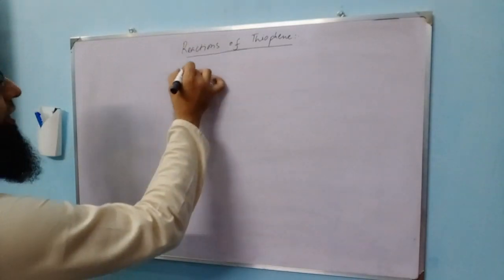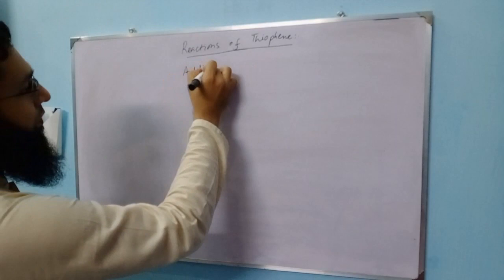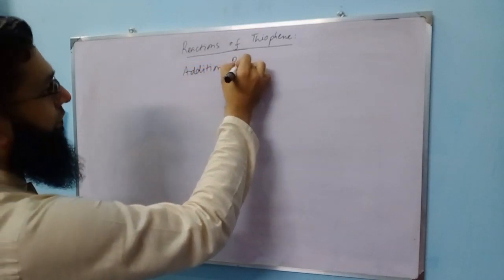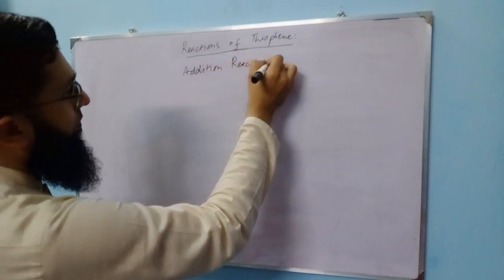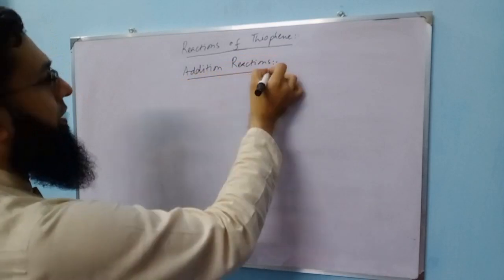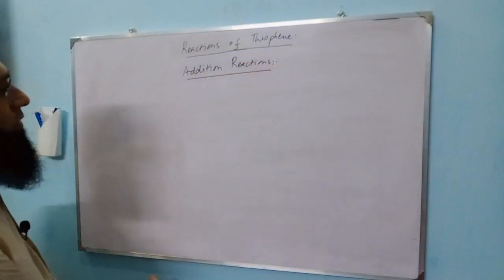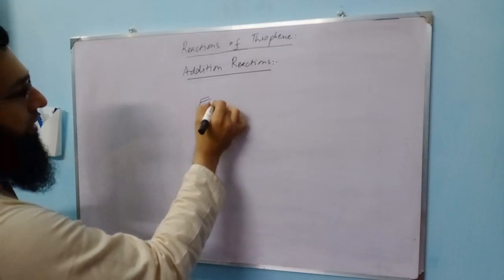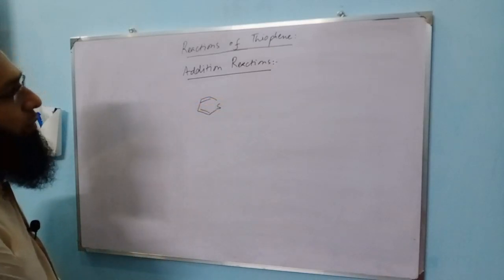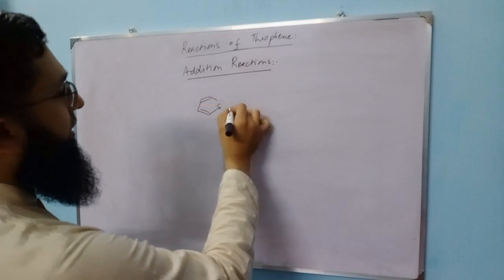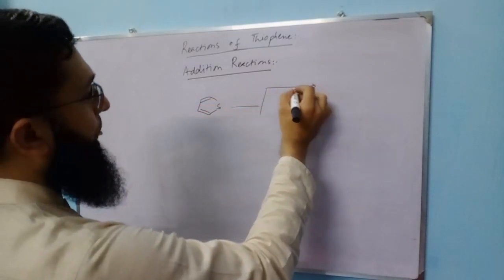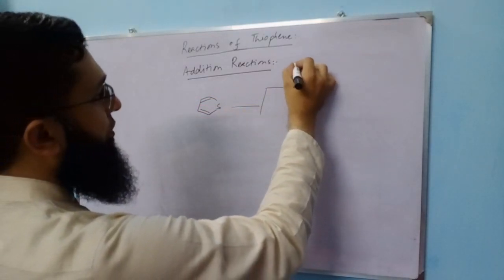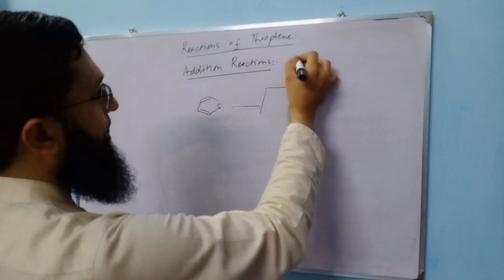Next are addition reactions. Thiophene can give the Diels-Alder reaction and behaves as a 1,3-diene, but its reactivity is lower than furan. So generally we use higher temperature or pressure.